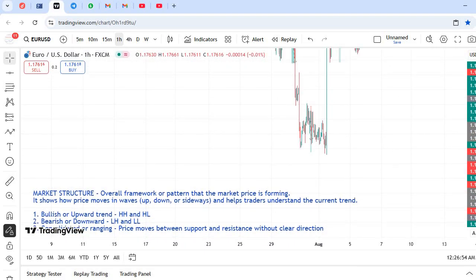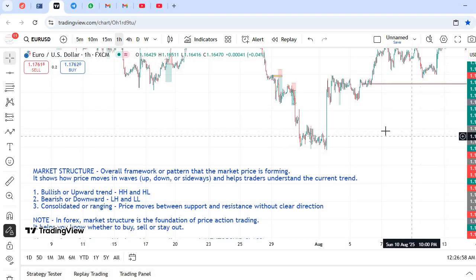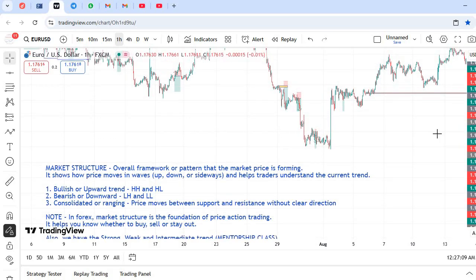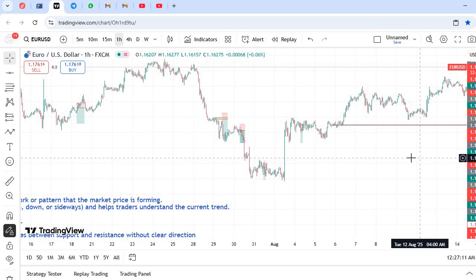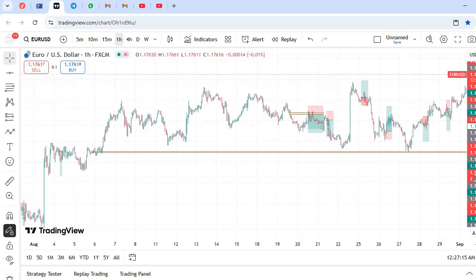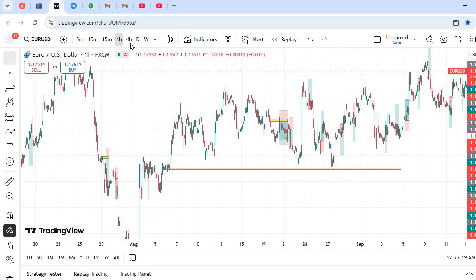In fact, market structure helps you to make decisions and gives you the definition of where the current trend is heading, because once you know where the trend is heading, then you can make your decision. If it's a bullish trend, you know you're looking for buying opportunities.